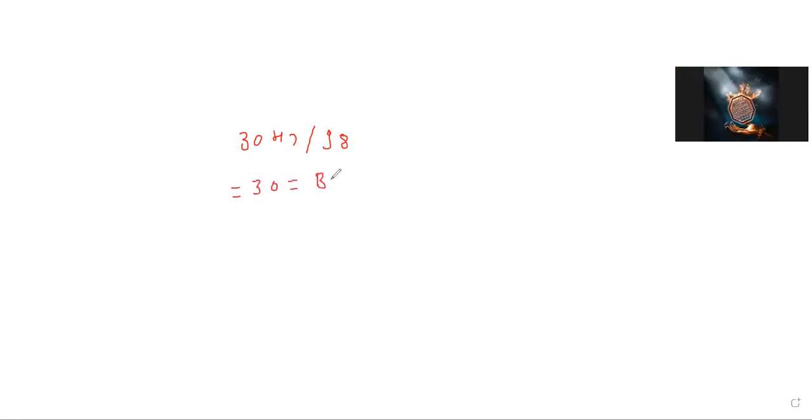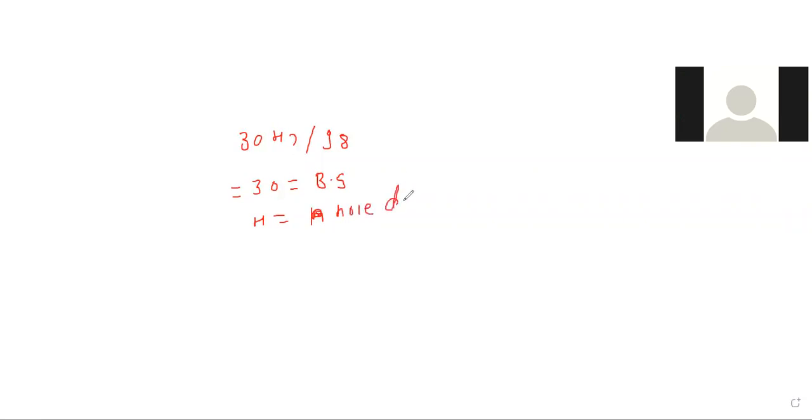Now see here, I will take another example. You have to tell me. Suppose like this, 13 H7/G8. Tell me what is the meaning of 13? Basic size. And what is meant by the H? Hole deviation.